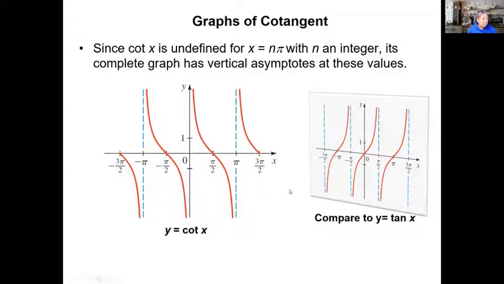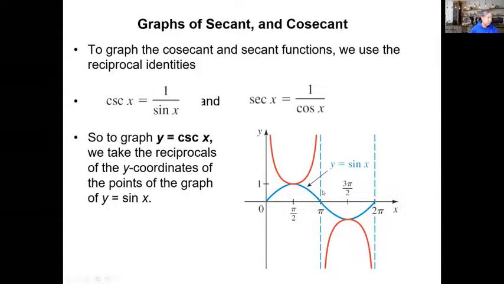Okay, then let's move on to the other two graphs, cosecant and secant. To graph the cosecant and secant functions, we use reciprocal identities: cosecant is 1 over sine and secant is 1 over cosine. Later, in your own study time, you can utilize decimals and see the steps by yourself.